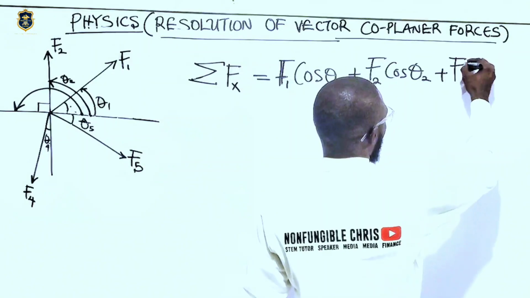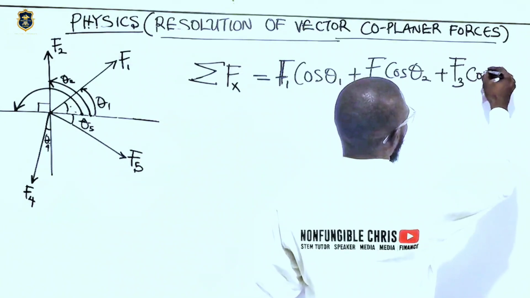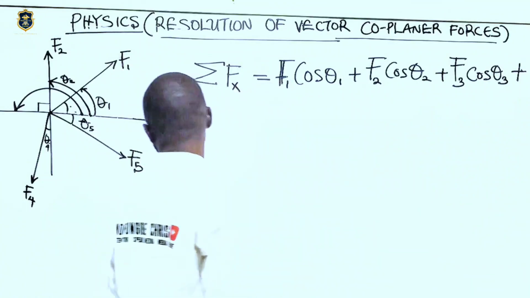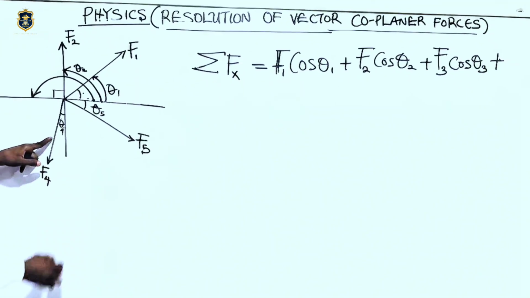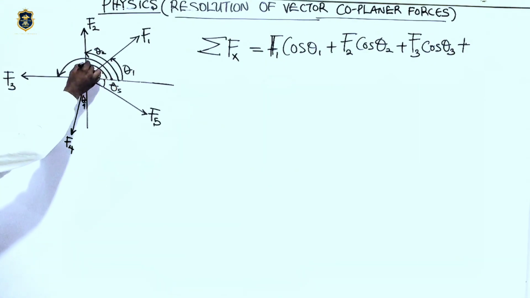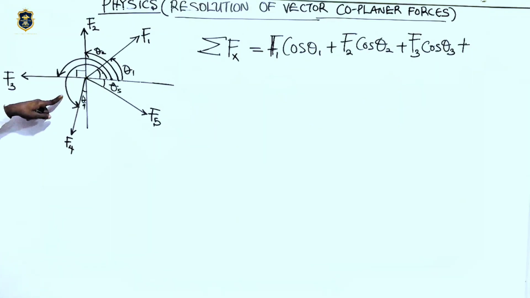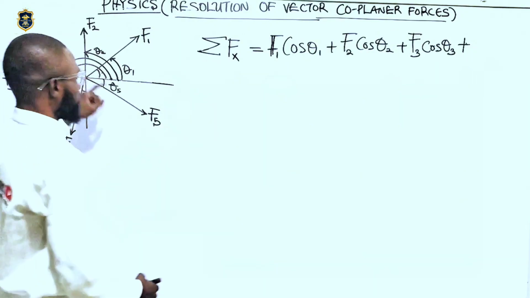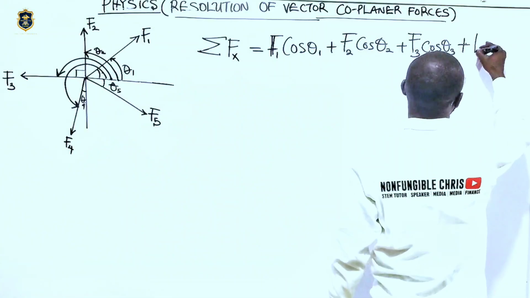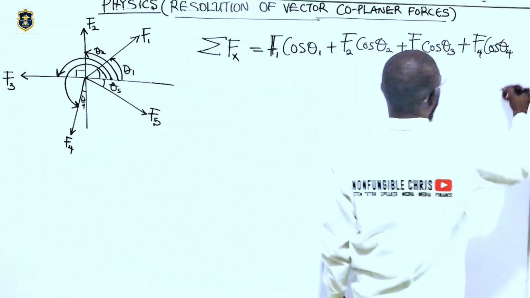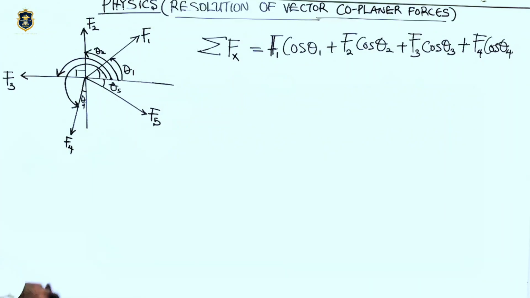Plus F4. For F4, we start from here again and resolve until we get to F4, so it's F4 cos theta 4. As well as F5.